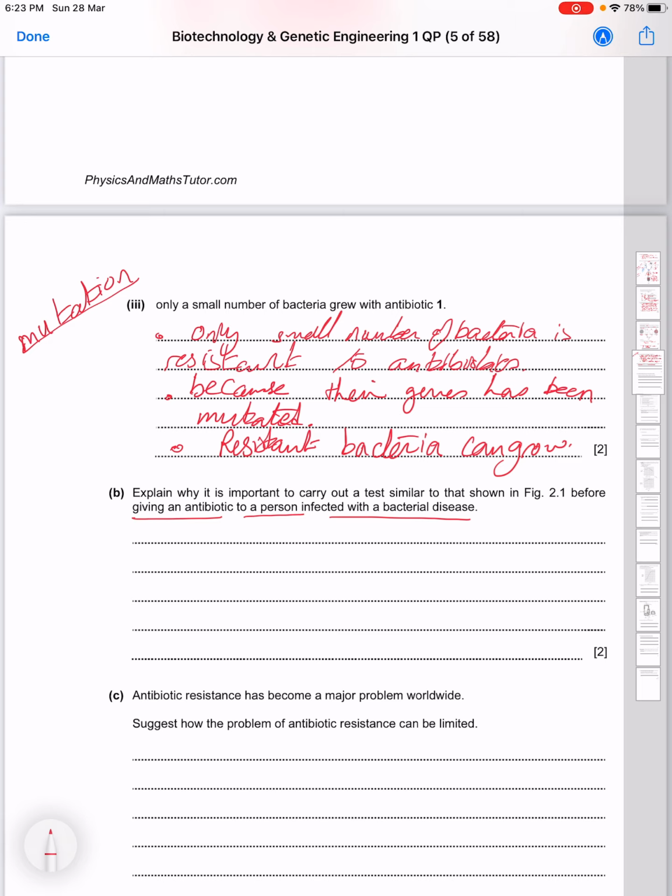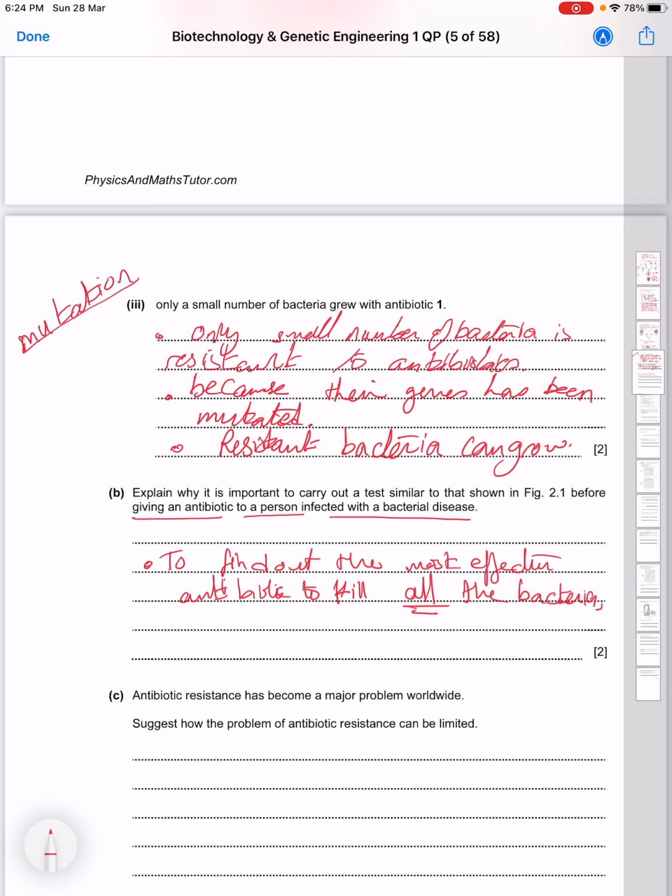So as I said, I'm gonna write the 2 points to find out the most effective antibiotic to kill all. I need to kill all the bacteria in that person.